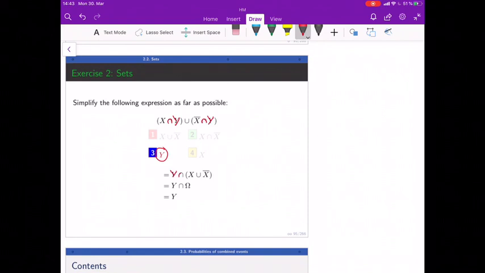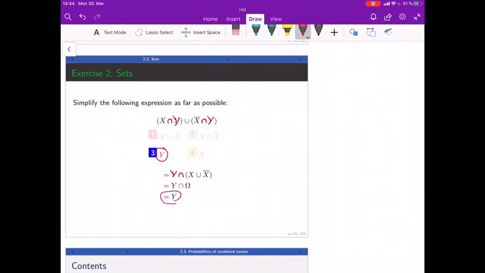I get Y intersection, and then I combine what is left there, and it's X union X bar, and we know an event union a negated event becomes a sample space, and then Y intersection sample space is Y.